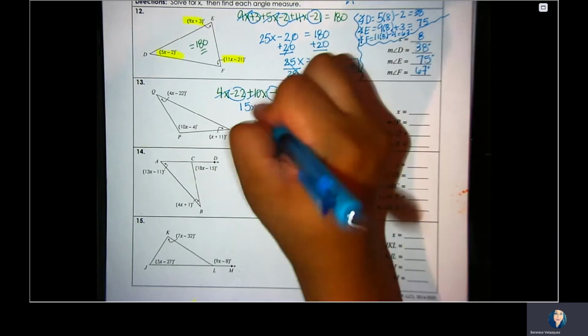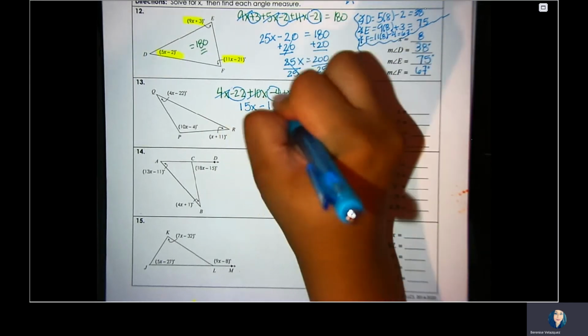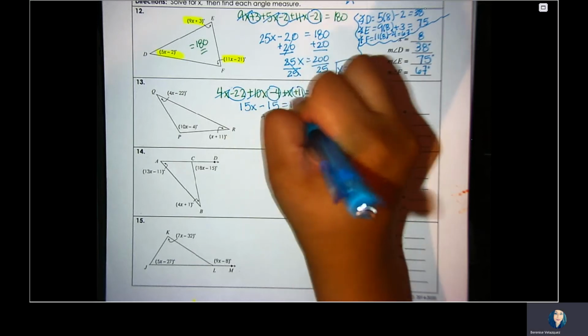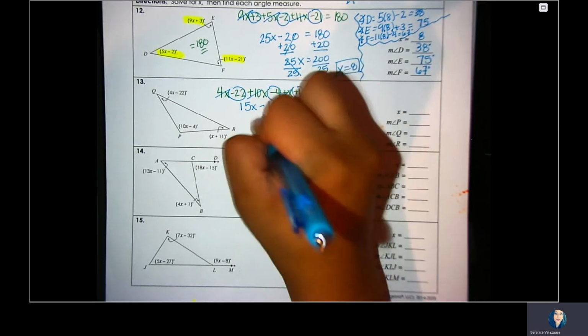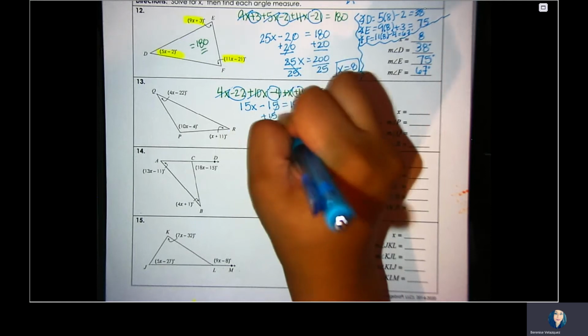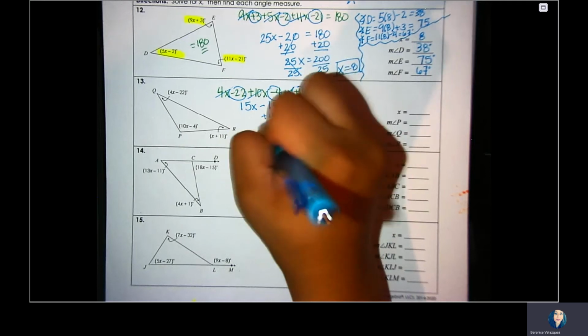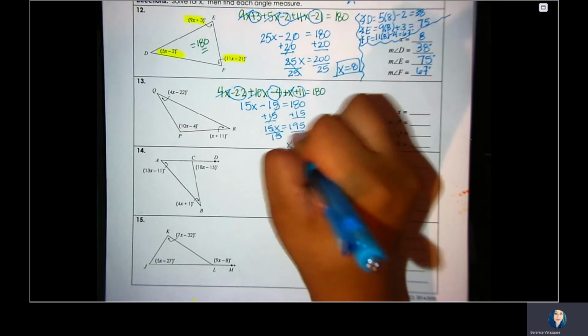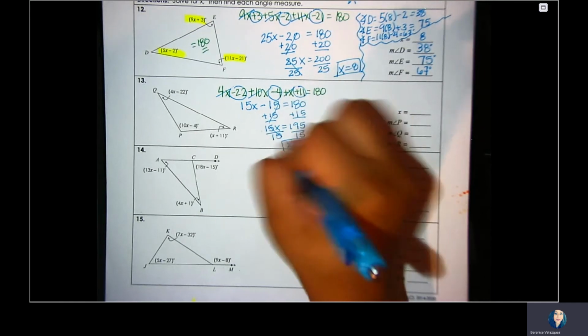Add 11, I get negative 15. Okay, now I am bringing the 15 over to the other side, so I change the sign. 15x is equal to 195. Divide by 15 on both sides. x is equal to 13.